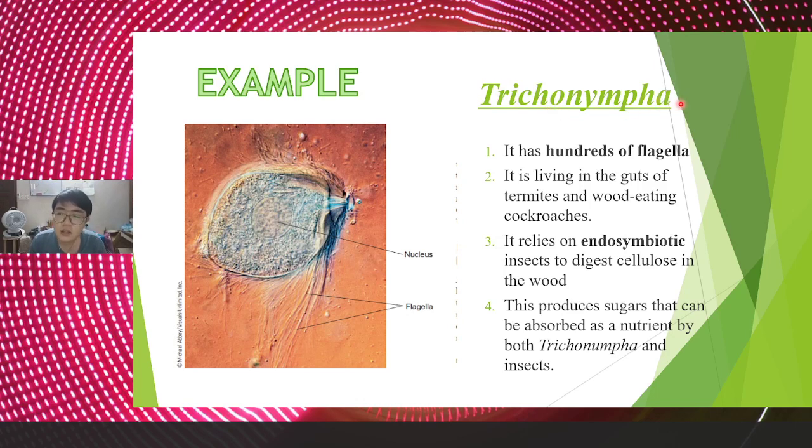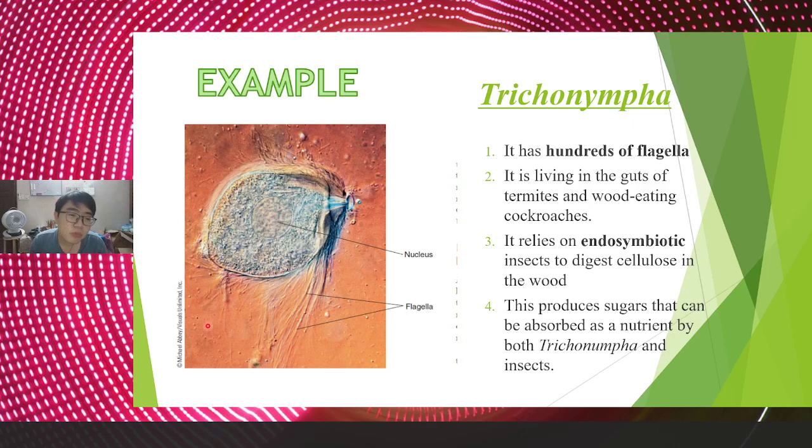The species name would have another word behind it, but this is just the genus name. So you have to write in the correct form. That is in the second video where I mentioned how to write the species name. If you already forget, you can refer to that video. So one example is Trichonympha.